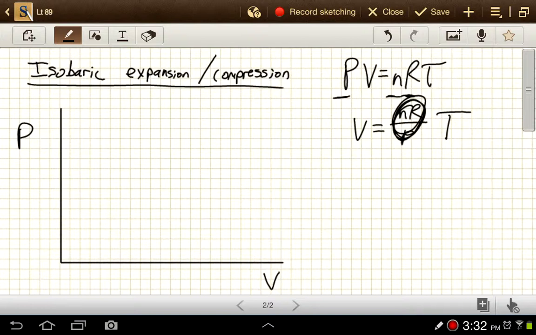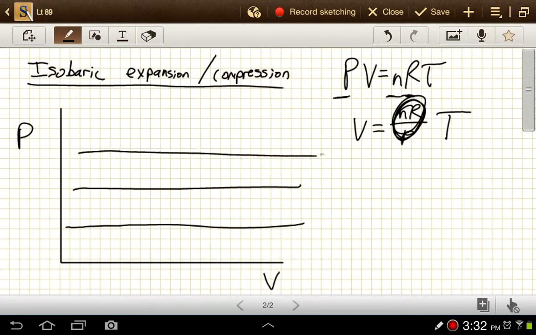So we see again that there's a direct relationship between volume and temperature, but temperature doesn't show up on this graph. So all we really need to know here is that volume changes, but pressure does not. So that's going to be a horizontal line. And the starting value for that pressure will determine where that horizontal line is. These lines sometimes are called isobars. Again, not a super common term, so you probably don't need to worry about that too much.